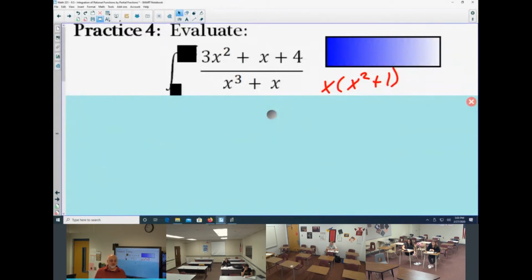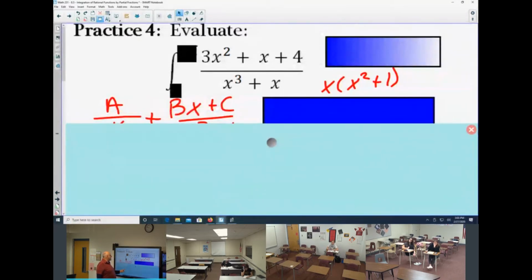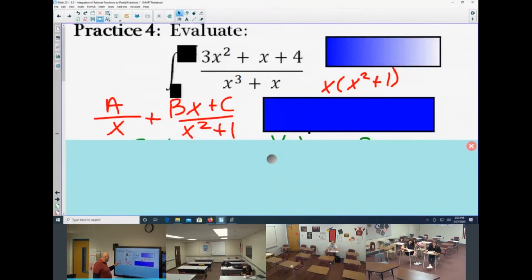So this is a linear factor, the x. The x squared plus 1, that's what we call an irreducible quadratic factor, in that it doesn't break down any further. Okay? So now when we set it up, it's going to be A over the linear factor, and then you'll have two letters, bx plus c over the quadratic factor.